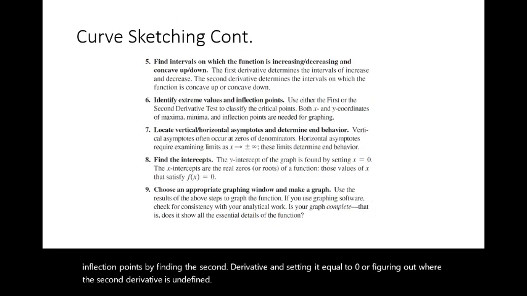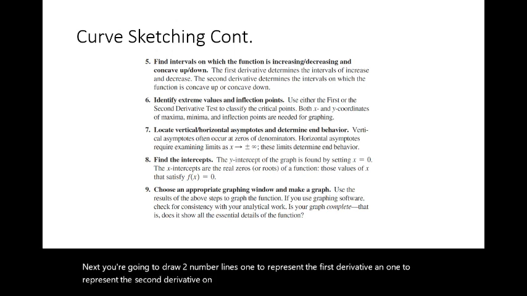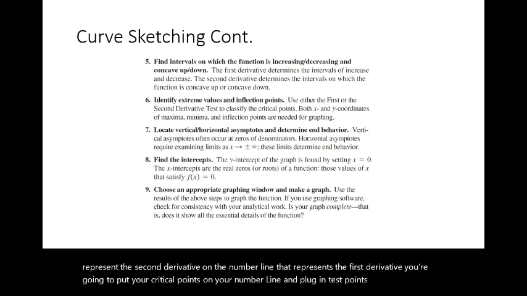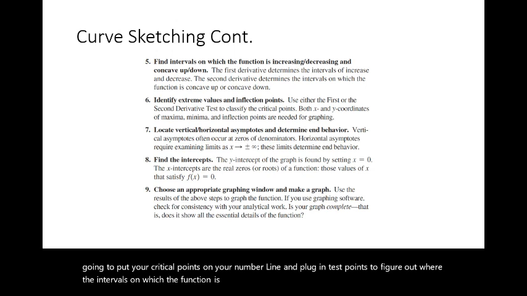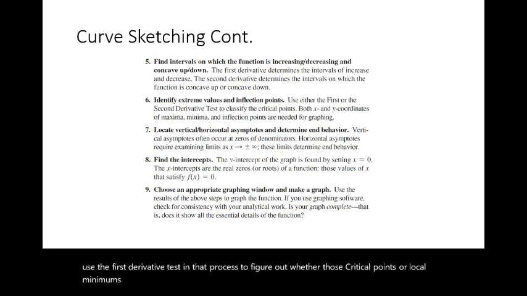Next, you're going to draw two number lines, one to represent the first derivative and one to represent the second derivative. On the number line that represents the first derivative, you put your critical points and plug in test points to figure out the intervals on which the function is increasing and decreasing. While you're at it, you will use the first derivative test to figure out whether those critical points are local minimums, local maximums, or neither.